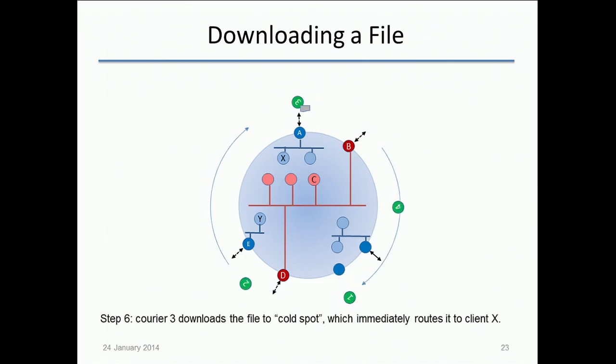Now it comes into contact with cold spot A, and so it's able to download it to A, which can immediately route it to client X. So what we have here is quite familiar request and delivery of a file between nodes that are not connected by the internet, using satellites that are not conducting internet communication; they're conveying the data in a data mule sense.